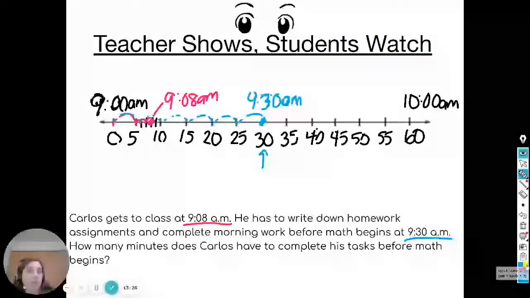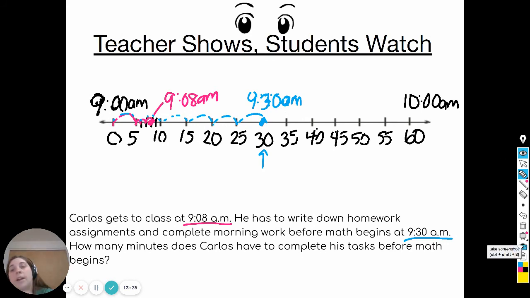So what I'm going to do, right here we're at 8, so let's get to 10, so we're at a nice even number. 1, 2. So that's 2 jumps right there. I'm just going to write down that 2. So there's 2 minutes. Now we're at 10, and I can count by 5s. 5, 10, 15, 20. So there's 20 more minutes until he gets to 9:30.